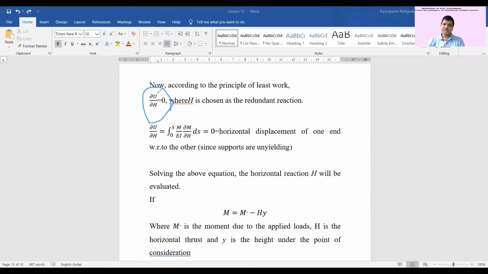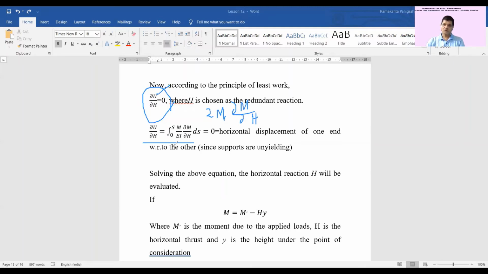So calculate the strain energy by using the bending moment equations you know for the entire structure. Then take the partial derivative with respect to H, that will give you the value of the static indeterminacy, that is H. Now if you take del U by del H, M squared, if you take the partial derivative, that will be 2M times del M by del H. You know this mathematics for partial derivative.